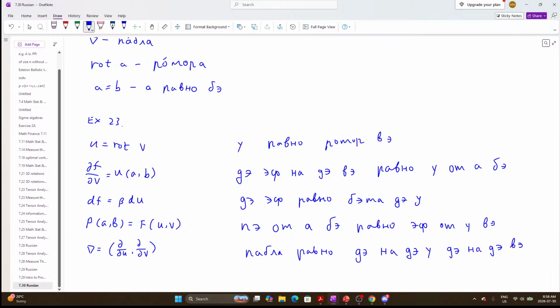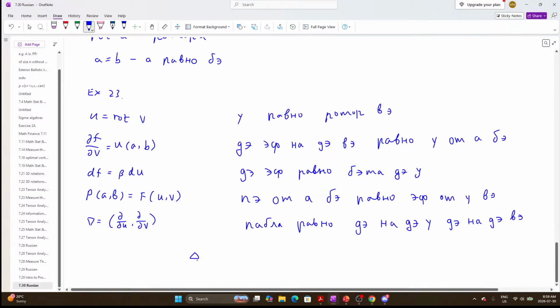Vladislav says, isn't it delta? Delta is the upside down triangle. Delta is like a finite difference. By the way, this notation, delta y over delta x, is due to Euler. Oh, there are so many things due to Euler.